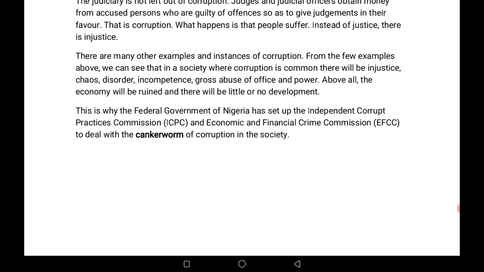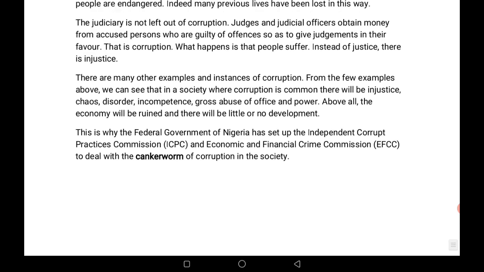This is why the federal government of Nigeria has set up the Independent Corrupt Practices Commission (ICPC) and Economic and Financial Crime Commission (EFCC) to deal with the cankerworm of corruption in the society.